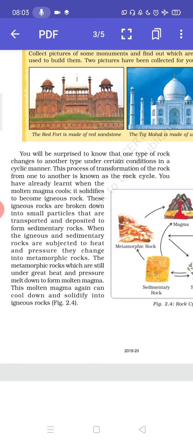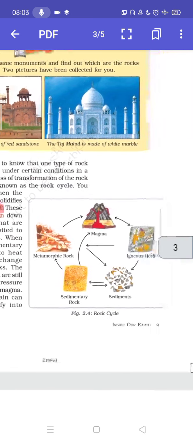When igneous and sedimentary rock are subjected to heat and pressure, they change into metamorphic rock. The metamorphic rock, which is still under great heat and pressure, melts down to form molten magma. This molten magma again cools down and solidifies into igneous rock. Therefore, it is known as the rock cycle. You can see it in the diagram.